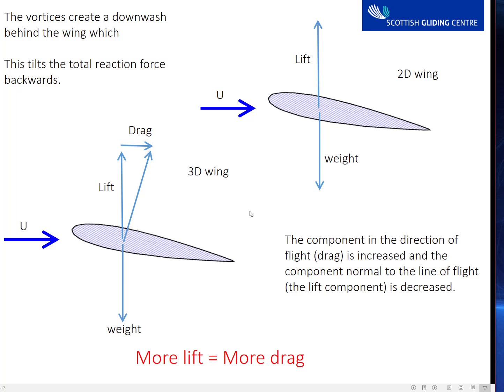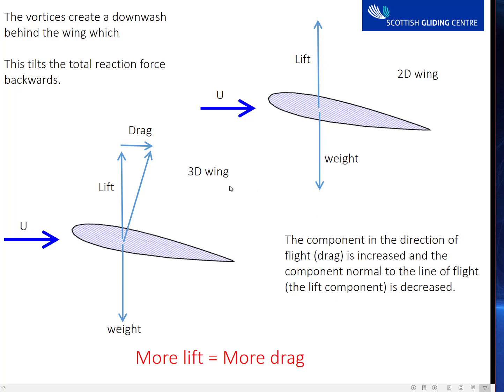Now, the effect that these two trailing vortices have is that they affect the lift being generated by the wing. Normally, if we have a two-dimensional wing without a trailing vortex system, the lift acts perpendicular to the free stream velocity vector, and our lift force is equal to our weight.